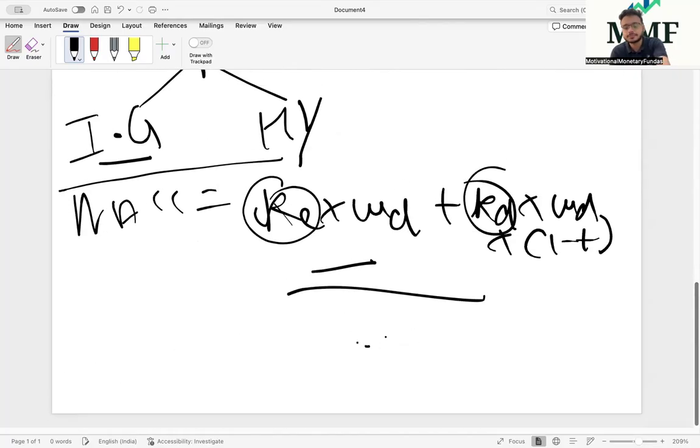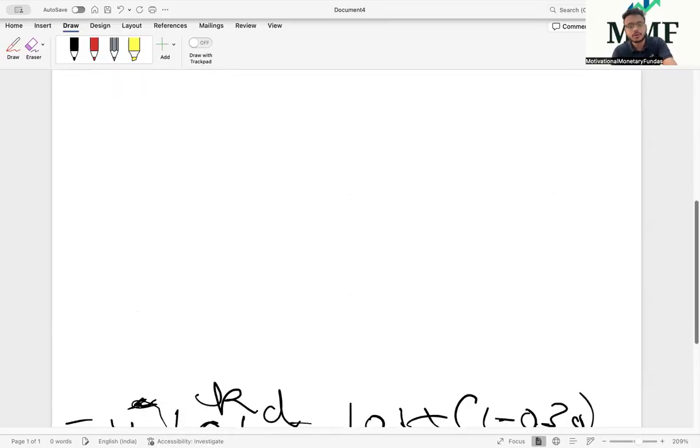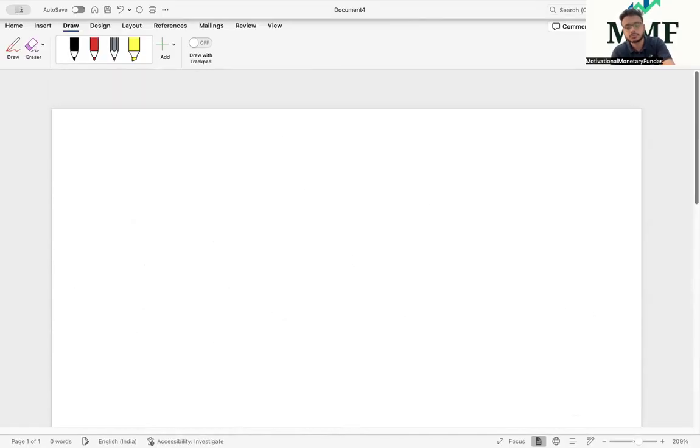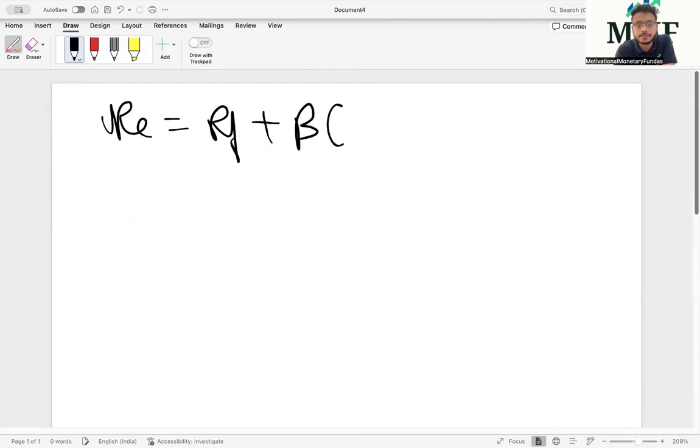I'll go down. The cost of equity is RF plus B into RM minus RF. RF को हम decode कर रहे हैं.